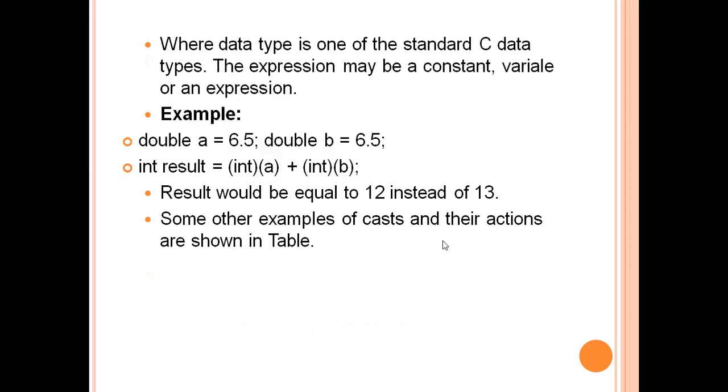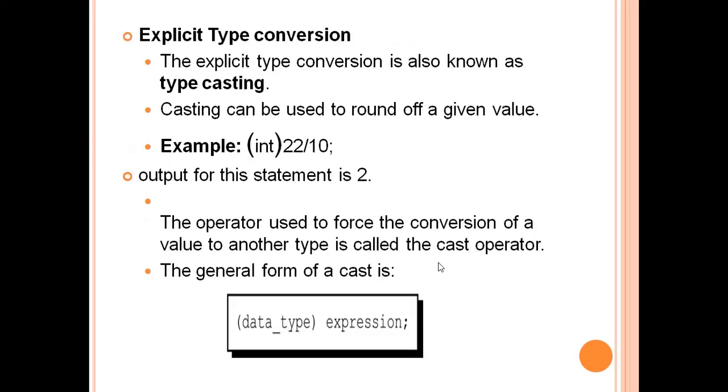This is the explicit type conversion. Here, the data type is one of the standard C data types, and the expression may be a constant, a variable, or an expression. So this can be of any data type and this can be any expression or any value.